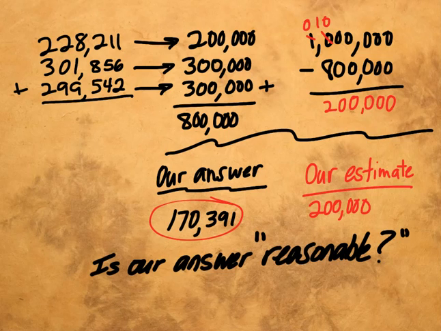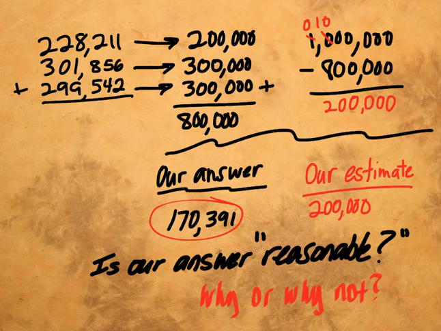So, is our answer reasonable? Is the question. Yes, it is. And you'll be seeing problems like this in the homework set today. Why or why not? I think I just got through explaining, but I'll go through one more time. I feel that the 200,000 is close enough to 170,000 that I can say, yeah, I think my answer is reasonable.